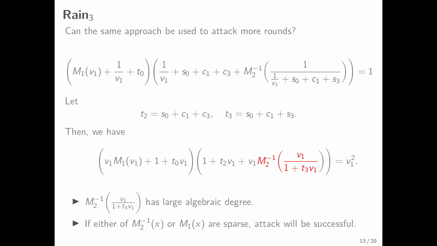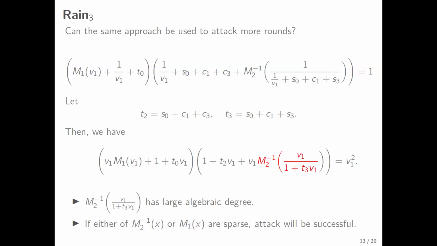And a natural question would be if we can use the same approach to attack three-round RAIN. So if we try to model three-round RAIN using a single polynomial, we would have something complicated like the polynomial that you can see on the top. And the issue with this polynomial is that it has a term that is colored red that has a high algebraic degree.